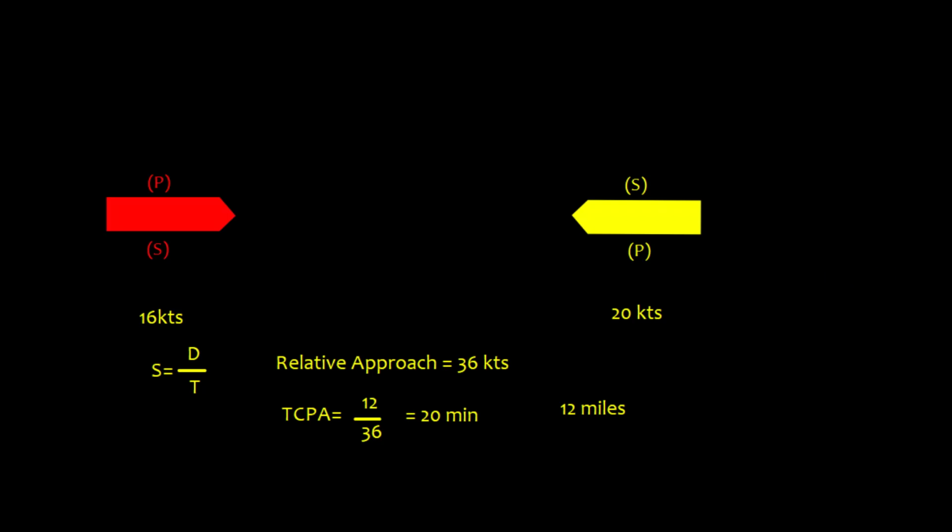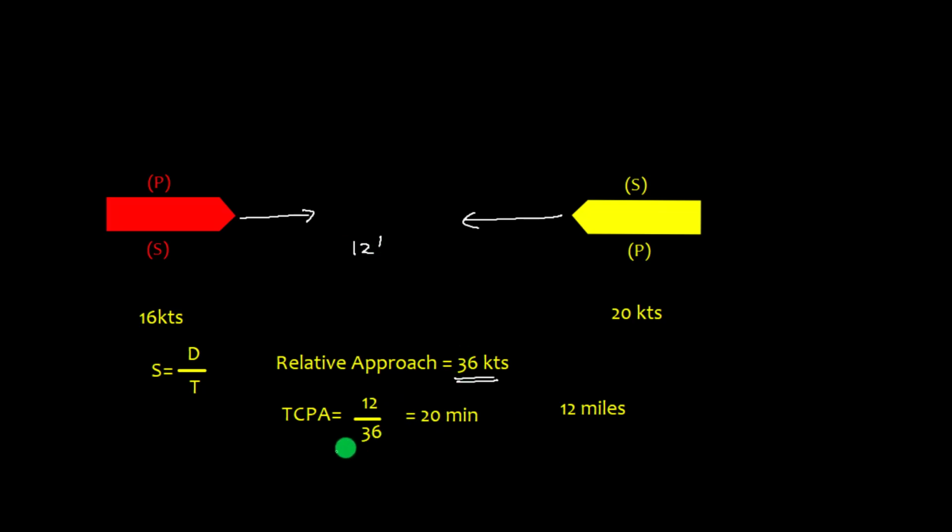You know it very well, a simple formula: speed is equal to distance over time. Because both the vessels are moving towards each other, they will close faster. So relative speed will be 16 plus 20, that is 36 knots. Time will be distance over speed. Suppose the distance is 12 miles here.